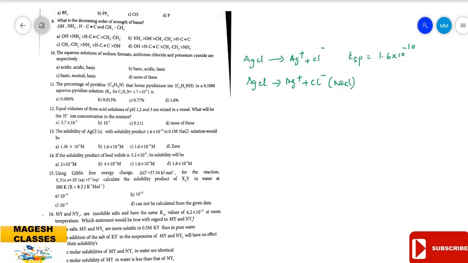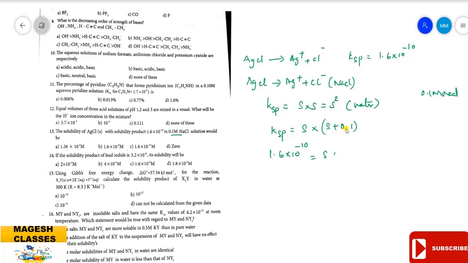In water, KSP is equal to S into S, that is S squared. In the presence of sodium chloride, the S is for silver, and the chloride will be S plus 0.1. This 0.1 comes from the 0.1 M sodium chloride. So 1.6 into 10 power minus 10 is equal to S into (S plus 0.1).